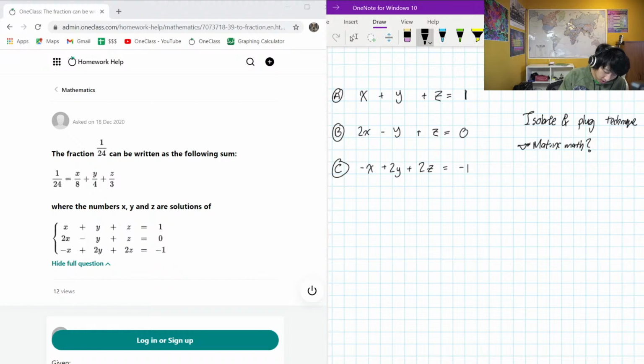Okay, so what we're going to try to do is take an equation and isolate one of the variables. Actually let's do equation B because we have equals 0 on the other side, so it's going to be a little bit easier to deal with. So equation B, we want to isolate one of the variables.